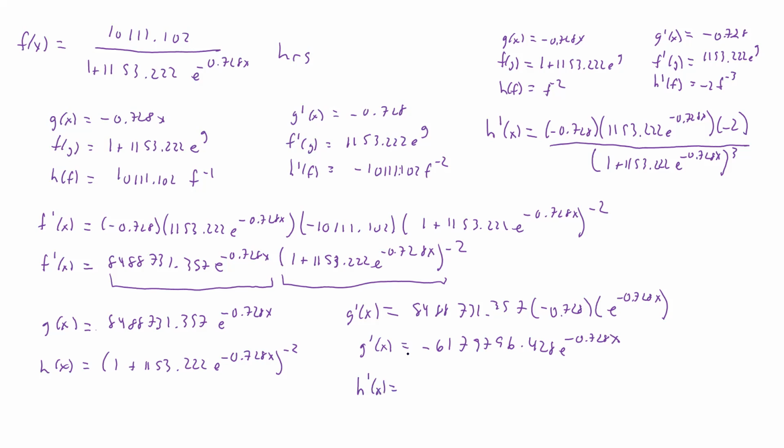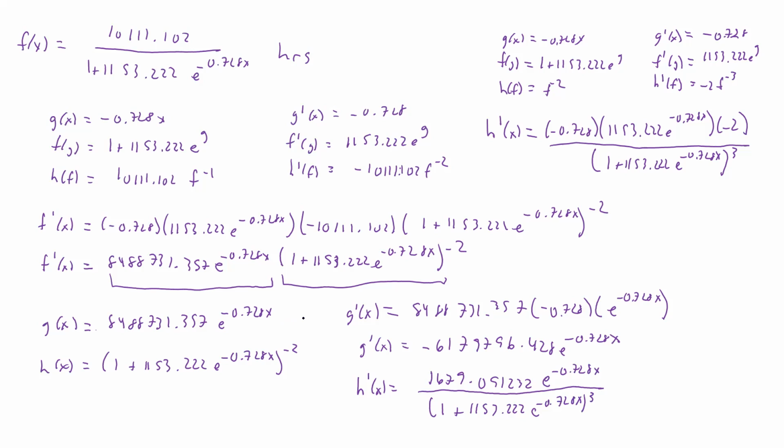If we do that, we have negative 0.728 times 1153.222 times negative 2. That gives us 1679.091232 e to the minus 0.728x, all over 1 plus 1153.222 e to the negative 0.728x, to the third.